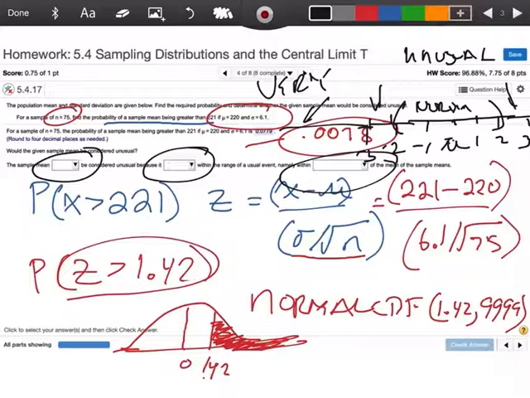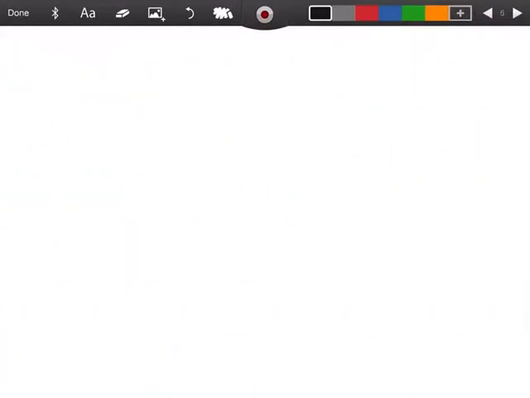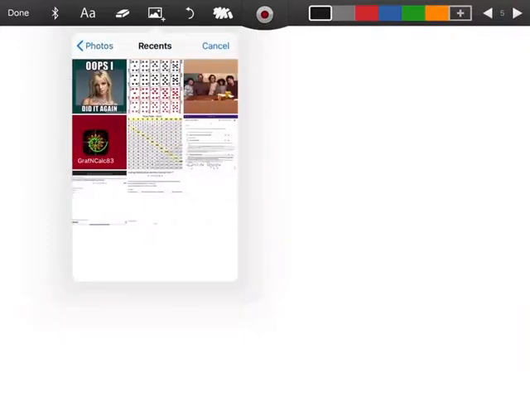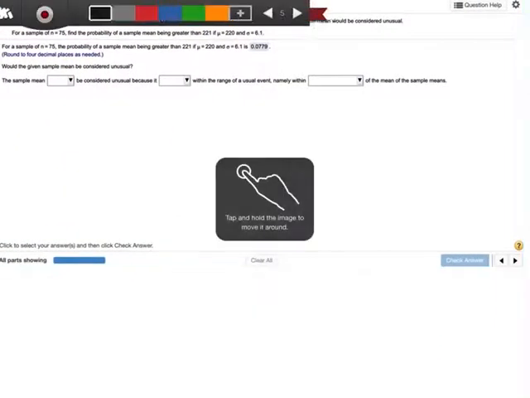So for the first part, we would say it would not. I know this is kind of messy. I'm going to choose a picture, the one we were doing. There we go.